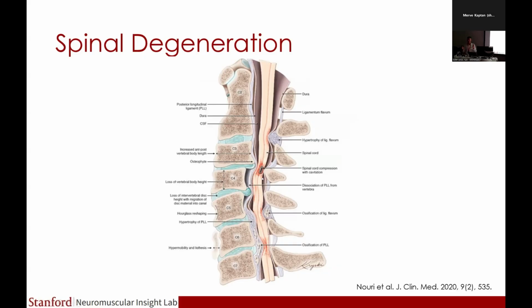These are ligaments on the posterior aspect of the vertebral body and the anterior aspect of the lamina. They can get larger, and then they can encroach as well. So a lot of different structures in here can lead to multiple conditions affecting upper and lower limb motor function.